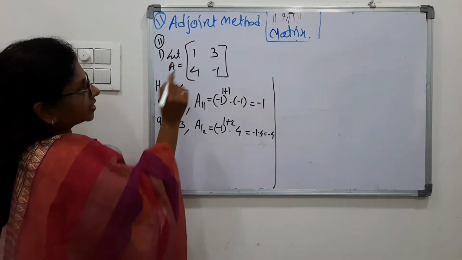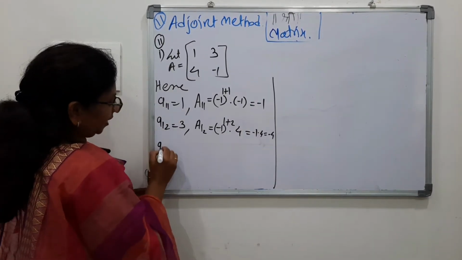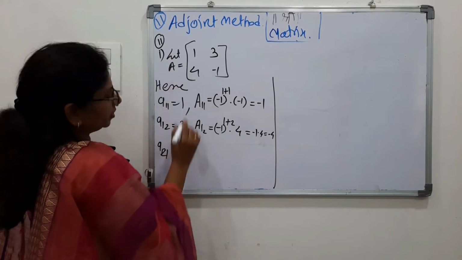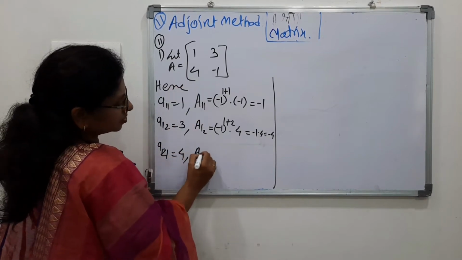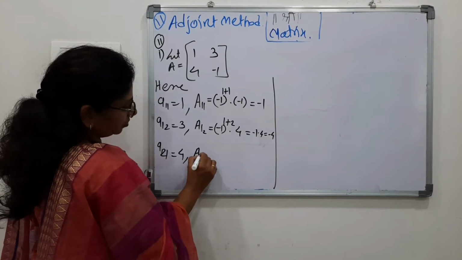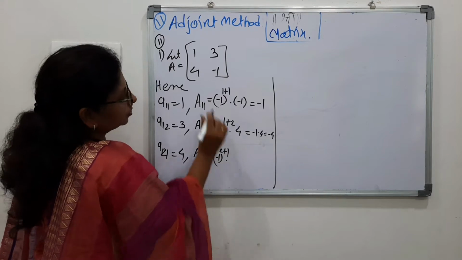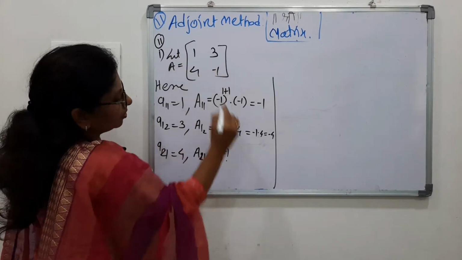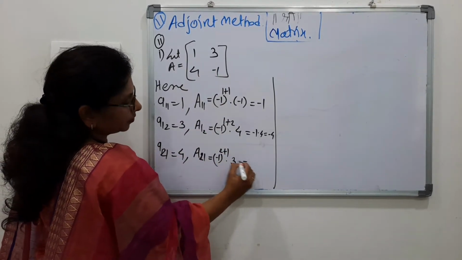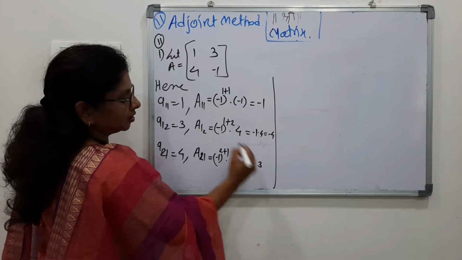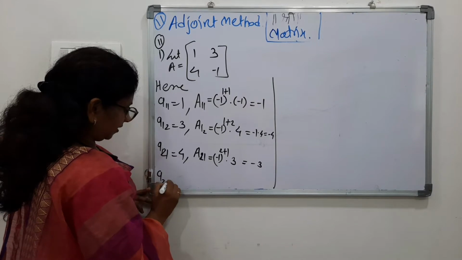Okay, so next, a21. a21 is 4. So what is its cofactor? It is (-1) to the power 2 plus 1 into, hiding this row and this column, that is 3. (-1) to the odd power is -1, so -1 into 3 is -3. Last, a22.